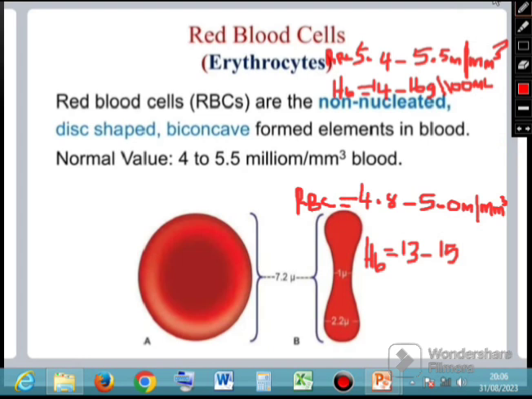Okay. Females are more fat than males. Okay. It's a good one.